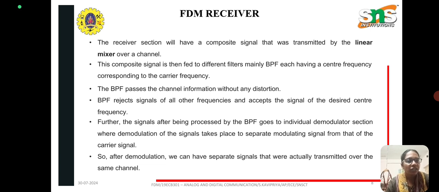It rejects signals of other frequencies and accepts the signal of the desired center frequency. The signals processed by the band pass filter then go to the individual demodulator section, where demodulation takes place to separate the modulating signal from the carrier signal. After demodulation, we have the separate signal that was actually transmitted over the channel.